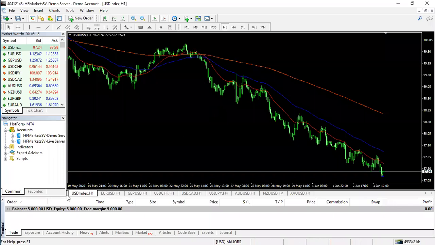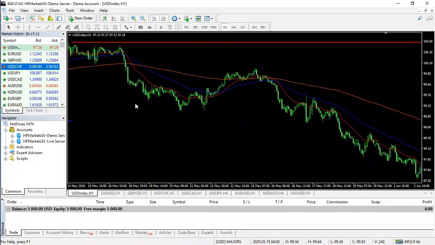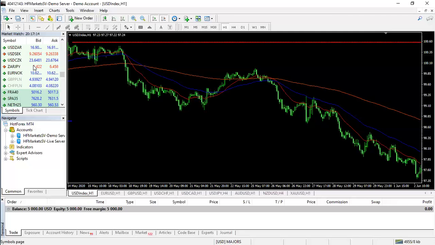So the USD index shows the price of the USD on its own. Okay, so in case you don't have it, you come here, then you just look for it. If you don't find it anywhere in this market watch part, right click, then show all. Okay, so after you press show all, you can look for it down here somewhere, you're going to see it.